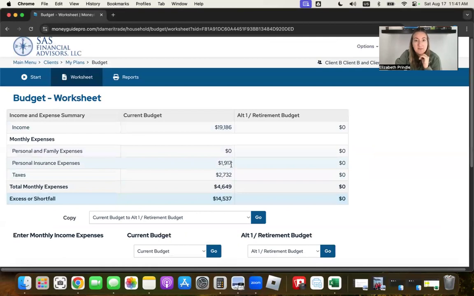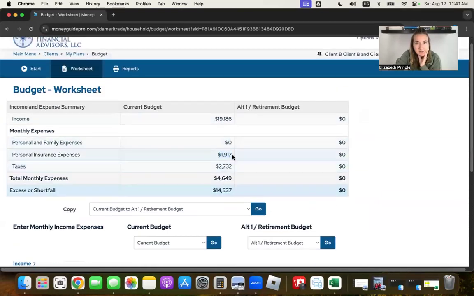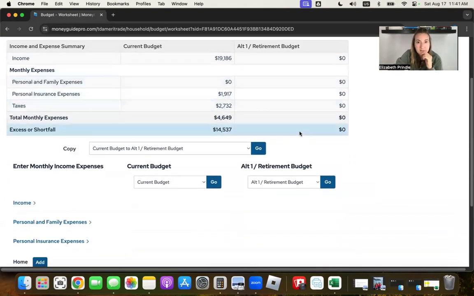Great. I'll be continuing to do more and more analysis on this because I know this household has self-employed health insurance, dental insurance, so that'll be important to put in here. Great. So what do we have now?